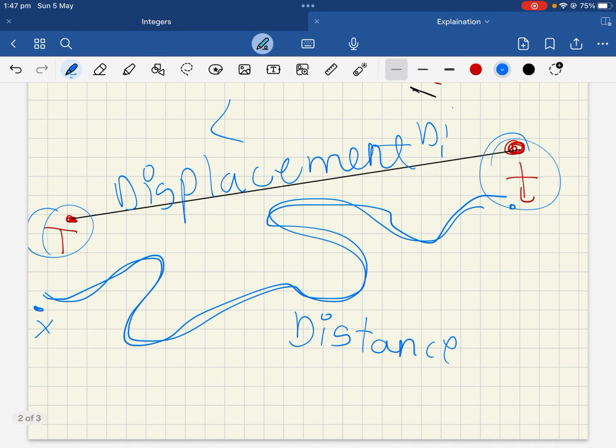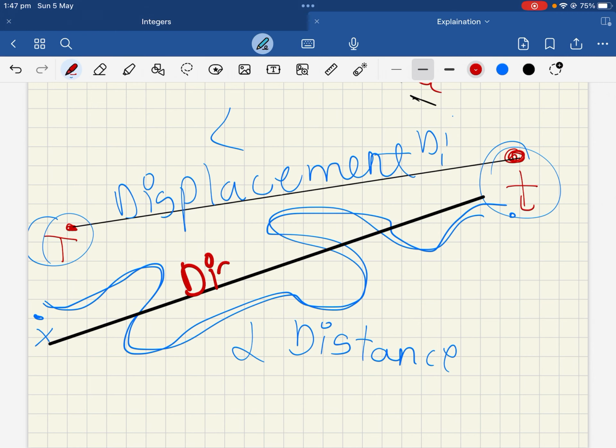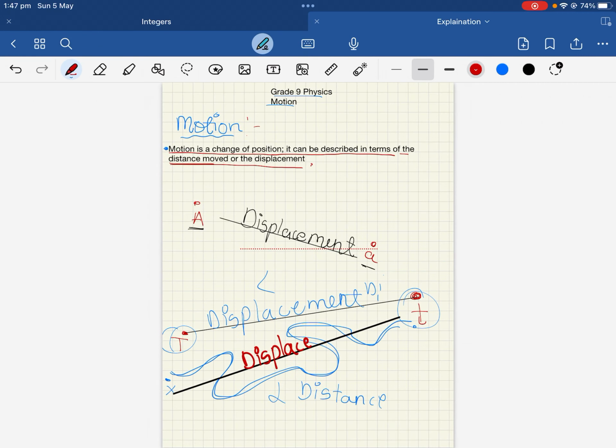This cannot be considered as displacement. The displacement will be from here all the way to here. This is the displacement. I hope you understood the topic.